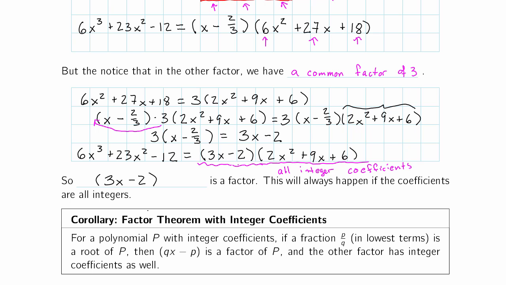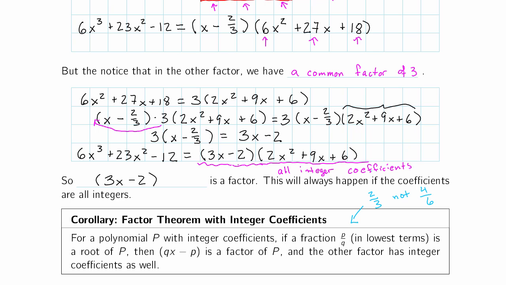And that's what this corollary here says. And so this is the factor theorem with integer coefficients. If we have a fraction p over q in lowest terms, so that in lowest terms means 2/3, not say 4 over 6, right? The fraction is fully simplified.